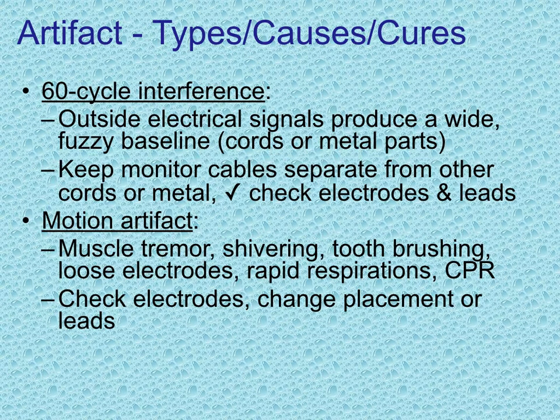Sometimes this could be even your IV pump against your bed creating that vibratory mechanism. Somebody who is having maybe an ultrasound or an echocardiogram, those kinds of waveforms could cause some interference. So you want to keep your monitor cables separate from each other and separate from other cords. This would be one where you would check electrodes and leads.